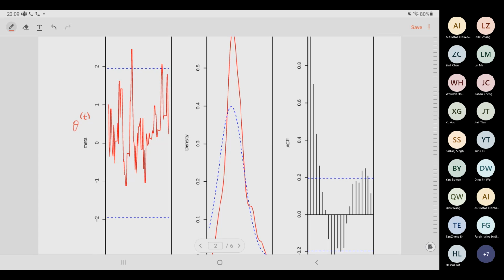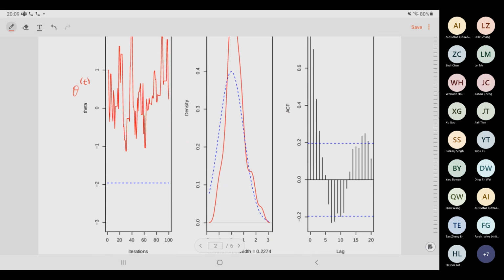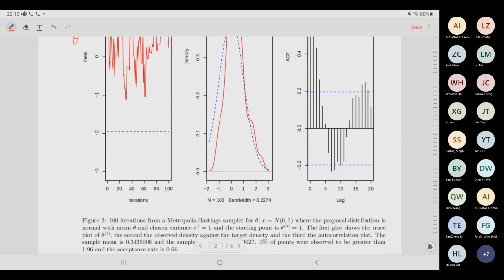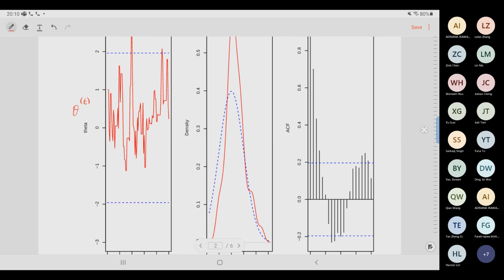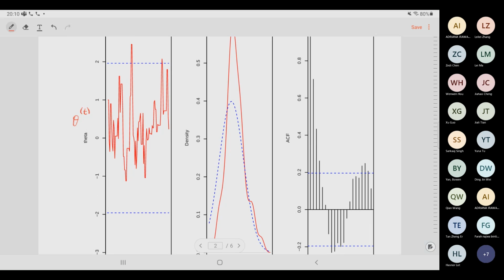Okay, but of course this is only 100. And the second one is the density, the observed density against the target density. So the blue one is your target density, and the red one is your observed density.